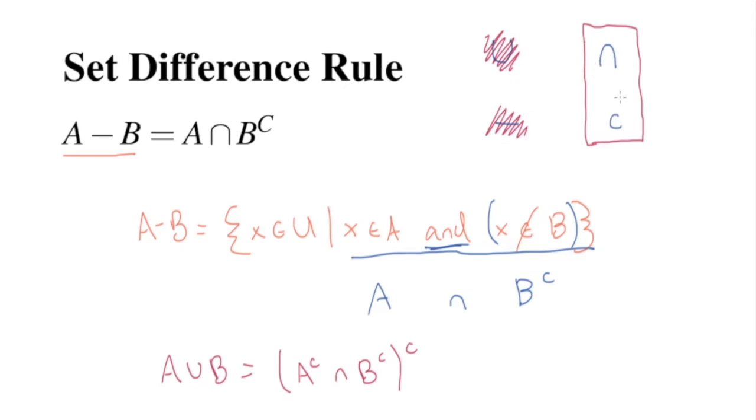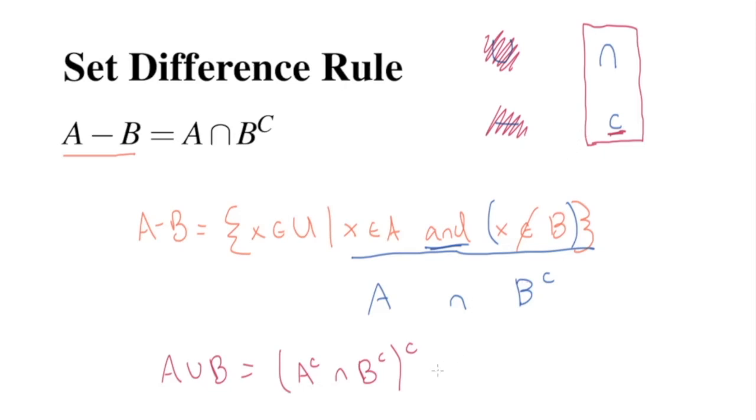So all we need is the complement operator and one of the others. If we have the complement and one of the others, we can easily define the other 2 using the set difference rule and De Morgan's rule.